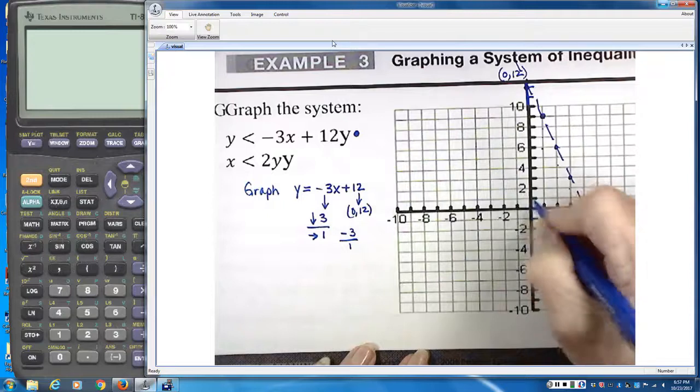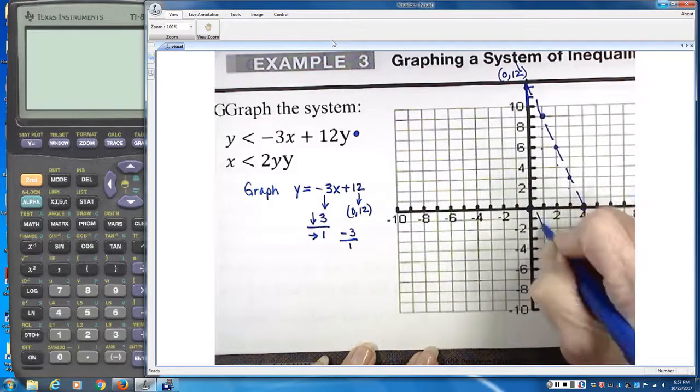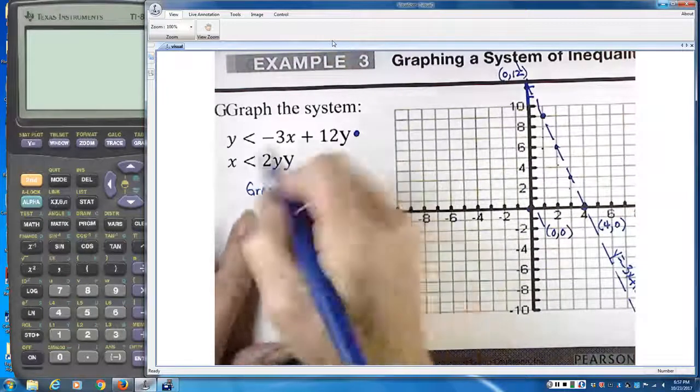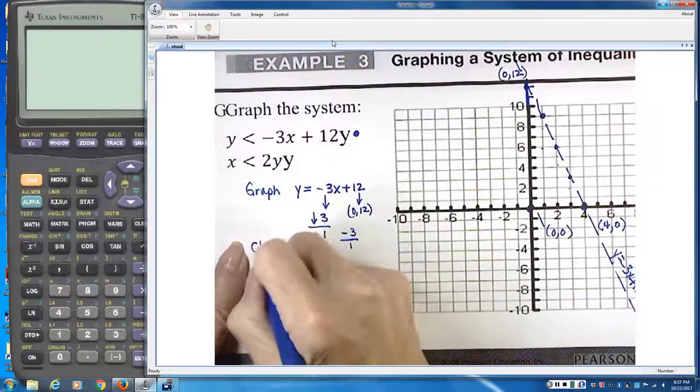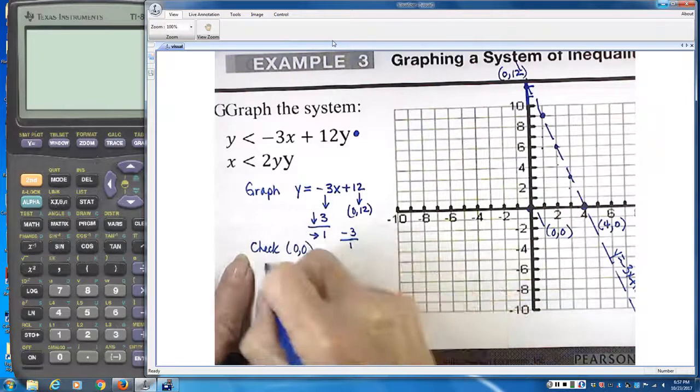And since 0, 0 is my favorite point, then I'll plug 0, 0 into the original inequality.